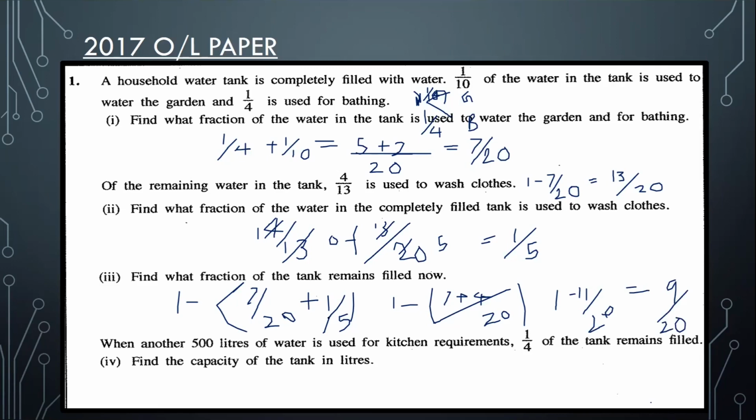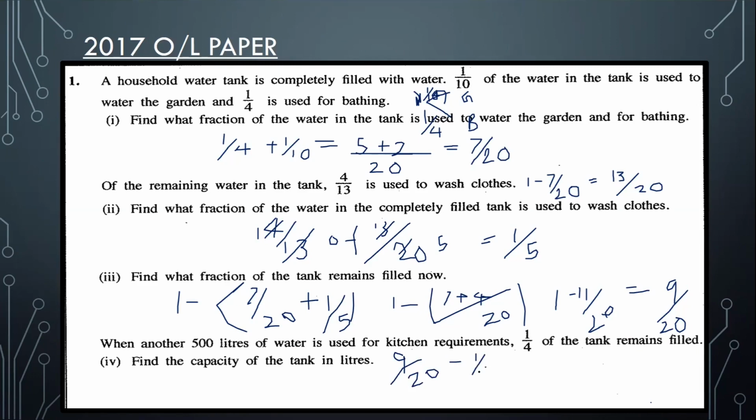Okay. So they have said when another 500 liters of water is used for kitchen requirements, one of four of the tank remains filled. Okay, so you can see that you have remainder is 9 over 20. So now we can find what is the fraction of water used for kitchen. After using for kitchen, you have the remainder is 1 over 4.